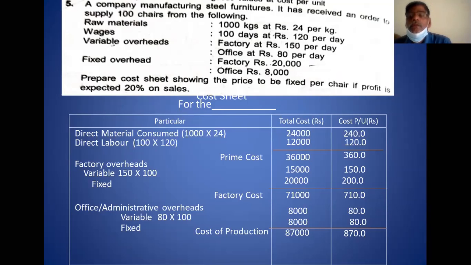Out of sales, if you deduct the profit, then 80 is the cost. Okay. Therefore, for every 80 rupee cost, 20 is the profit. But in this problem, total cost is 87,000. For 87,000 cost, what?